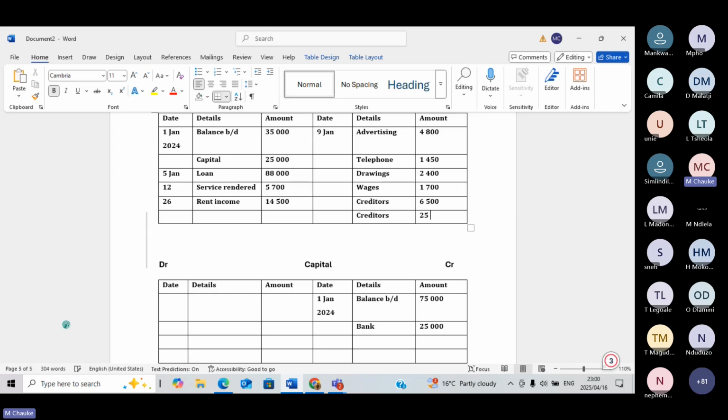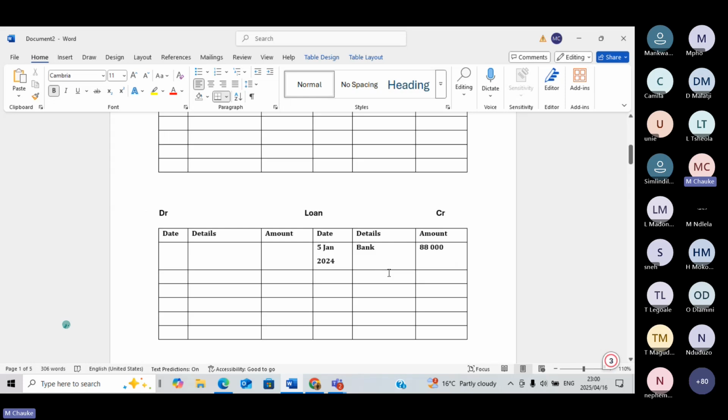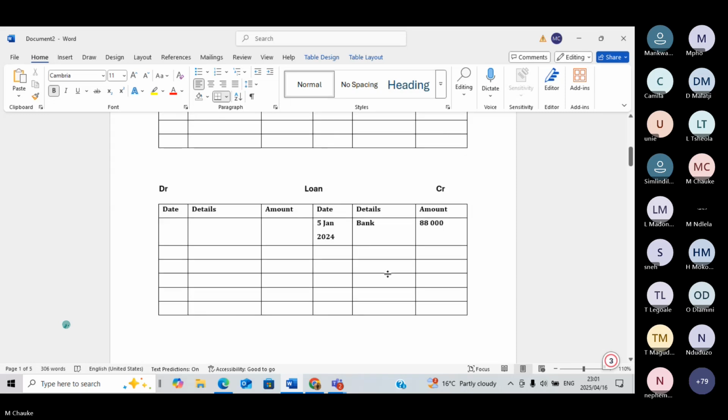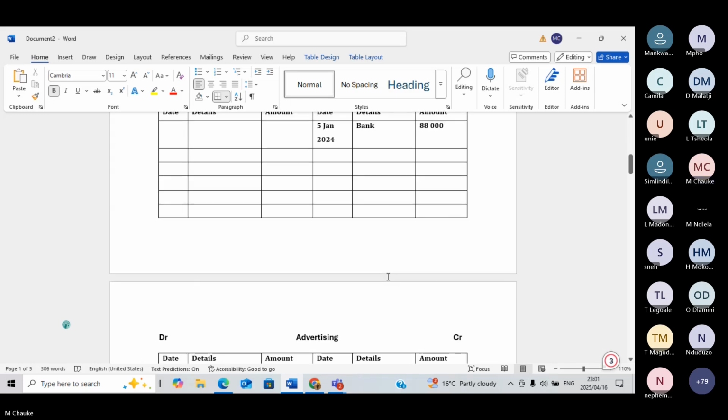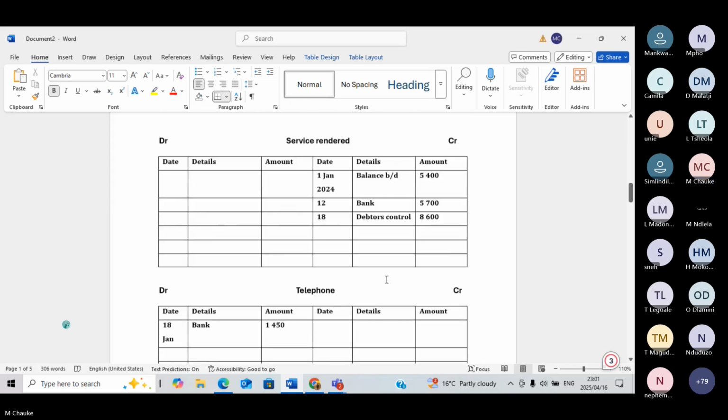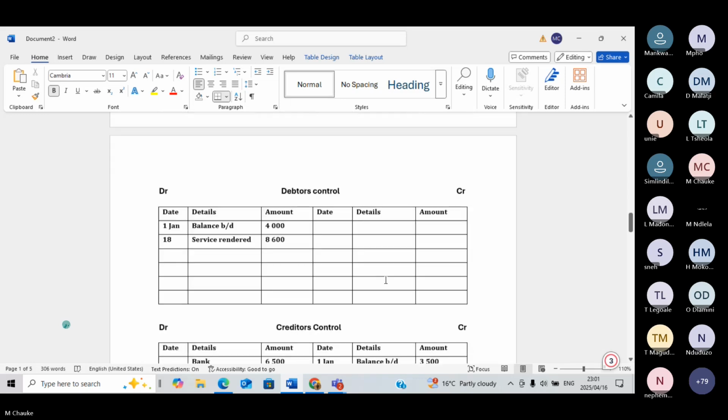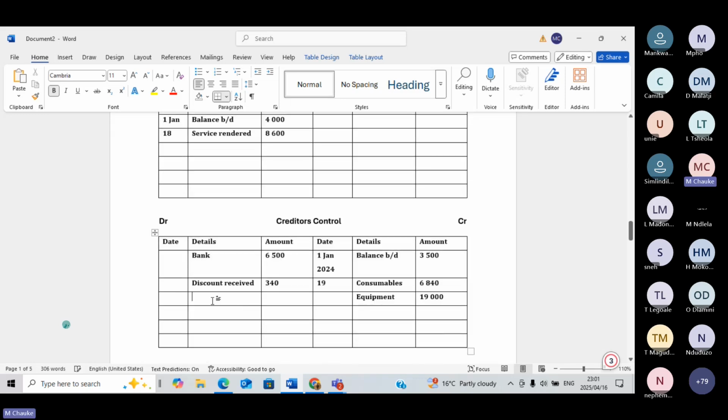And then we must also go to our creditors and decrease them with 25,000, and say bank, 25,000 of that deposit.